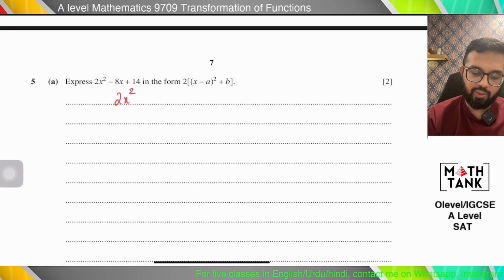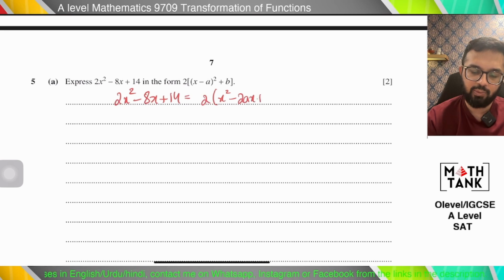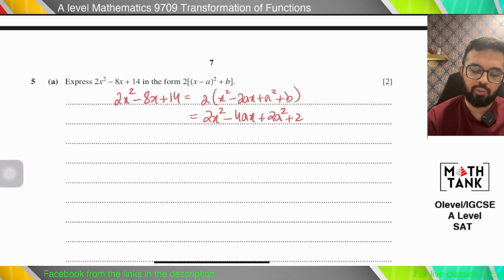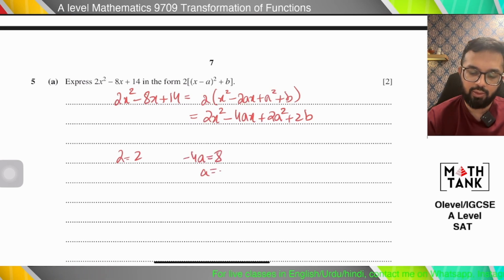So 2x squared minus 8x plus 14, then 2x squared minus 2ax plus a squared plus b. So 2 equals 2, minus 4a equals minus 8, so a is plus 2.